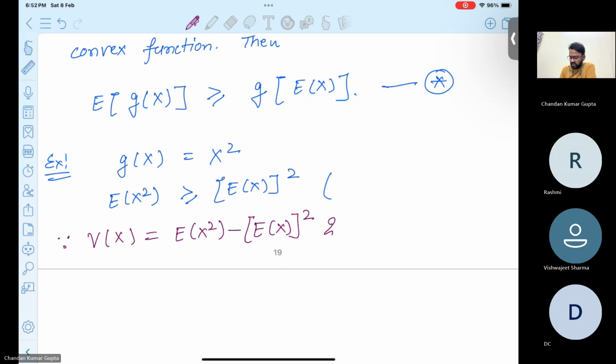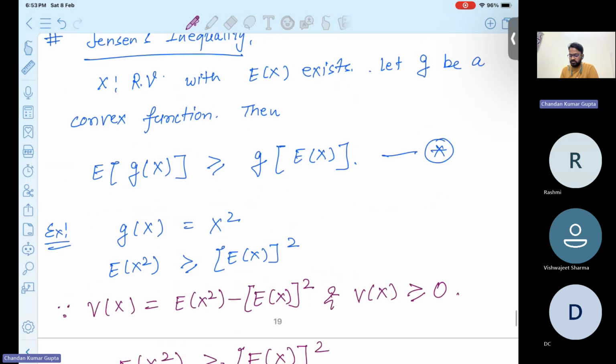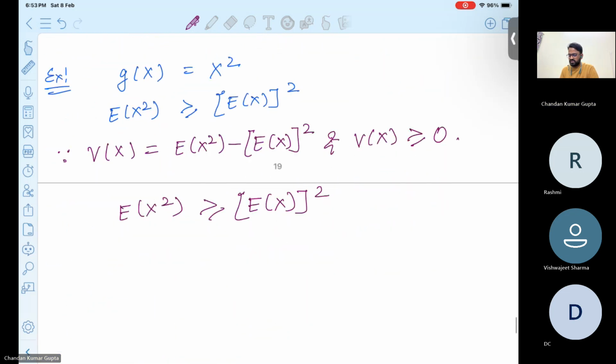And variance of X is greater than or equal to 0. So merging these two, we find that expectation of X square is greater than or equal to expected value of X whole square. So from there, I am writing this line. There are one or two more examples with the help of which I can prove Jensen's inequality, but I think one is sufficient.